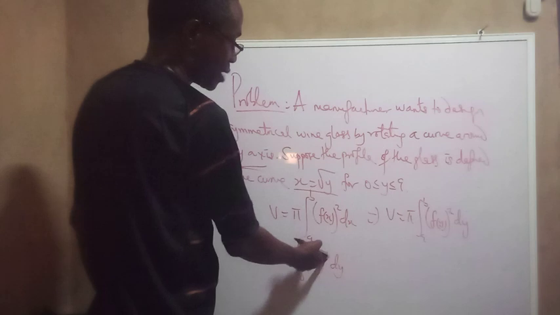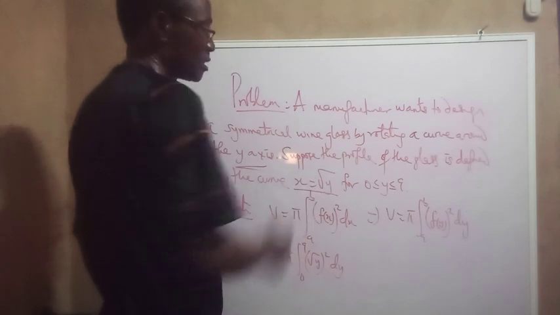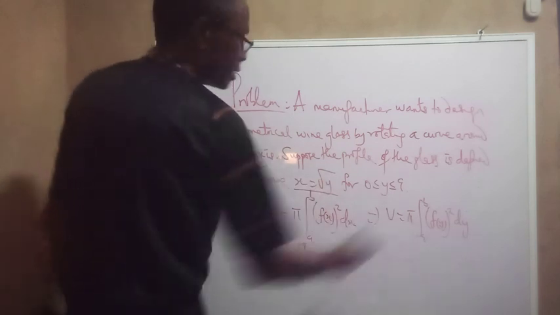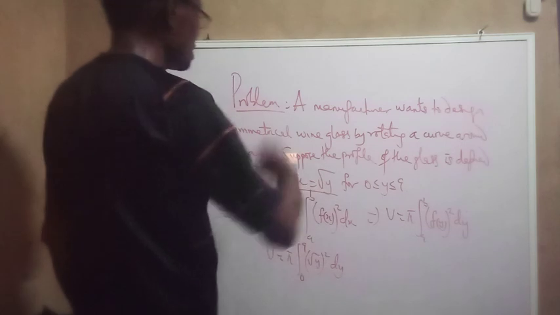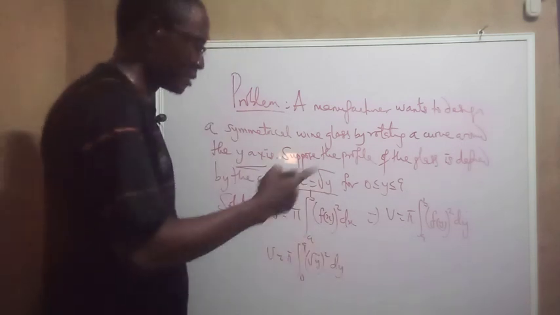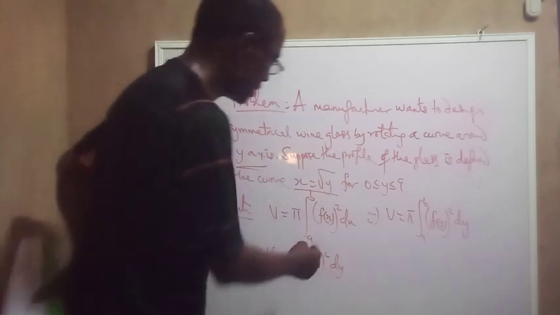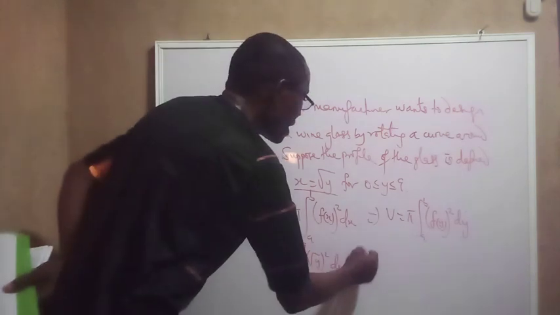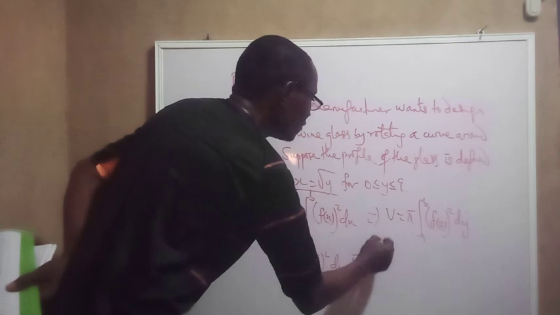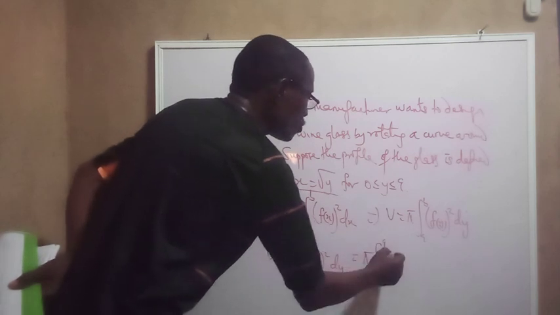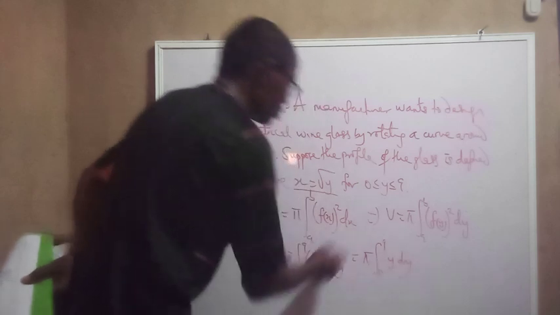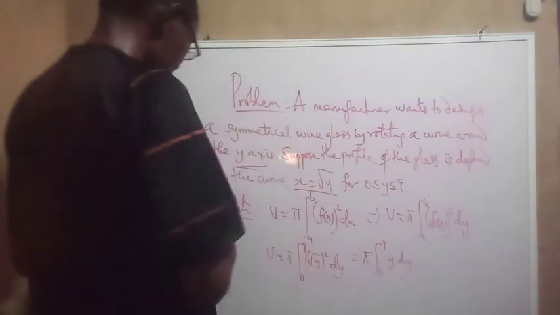What is x squared? x squared is standing as root y. The dy will take place here because we are rotating along the y-axis, so we take the differential of y. So in this case we have pi times the integral from 0 to 9 of y dy, because the square of root y is y.